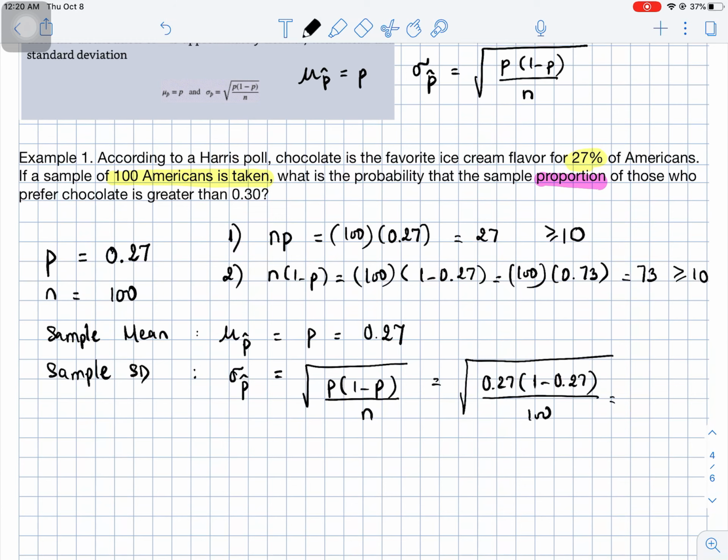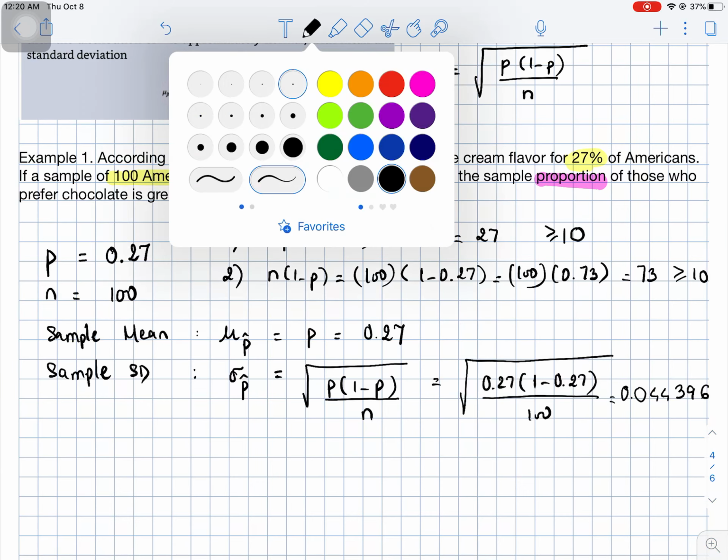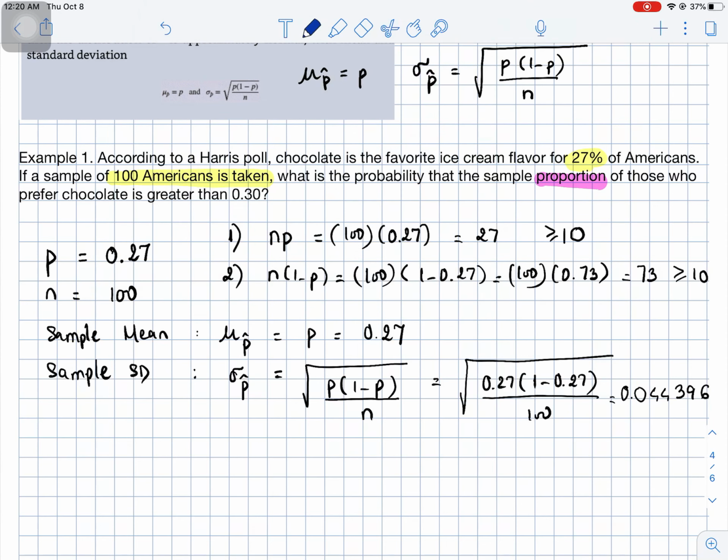That is the square root of 0.27 times 1 minus 0.27 divided by 100. We calculate this number and we get 0.044396.